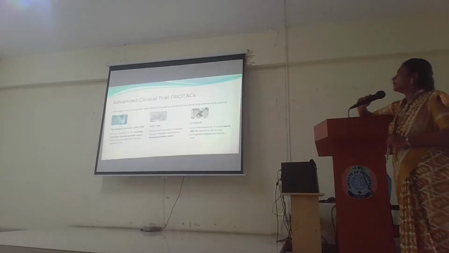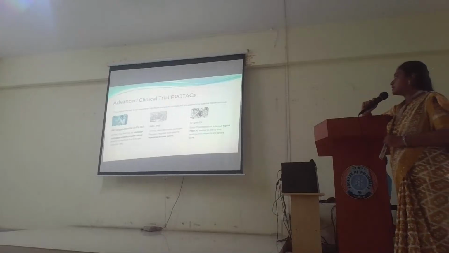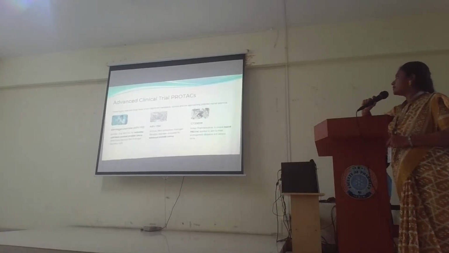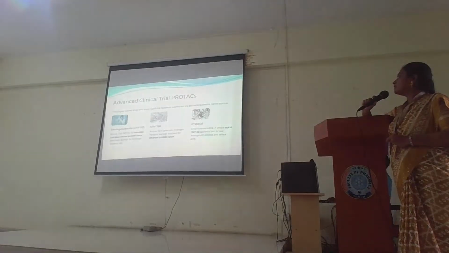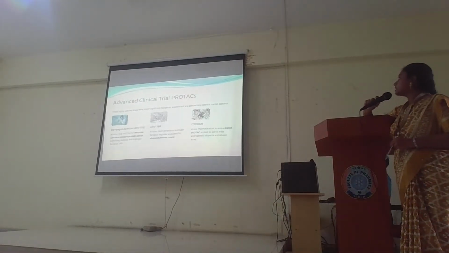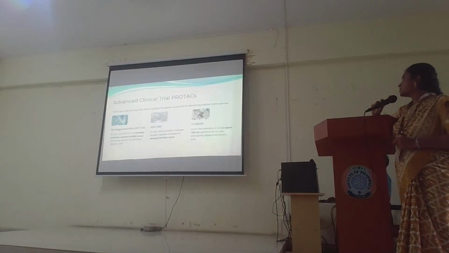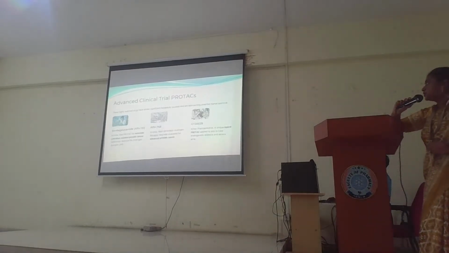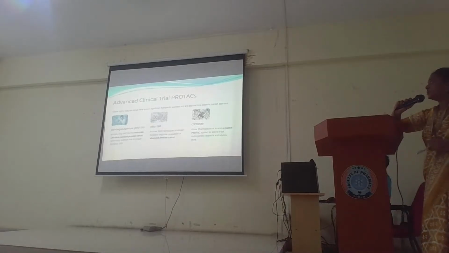It selectively destroys the androgen receptor. The second one is a next-generation androgen receptor degrader evaluated for advanced prostate cancer. The third one is developed by a pharmaceutical company. It is a unique topical product applied to the skin to treat androgenetic alopecia.